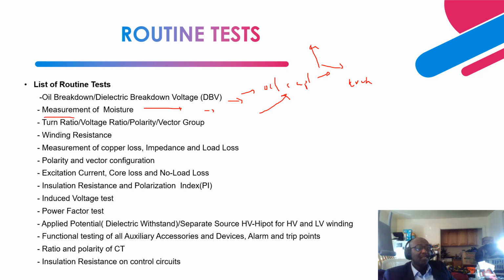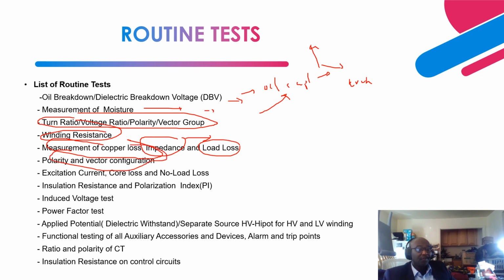Okay. Then turns ratio, voltage ratio or polarity, and vector group tests. Then winding resistance. Then copper loss and impedance testing, and load loss, right? Then vector configuration, excitation current, no-load loss, insulation resistance and PI, and induced voltage tests, right?